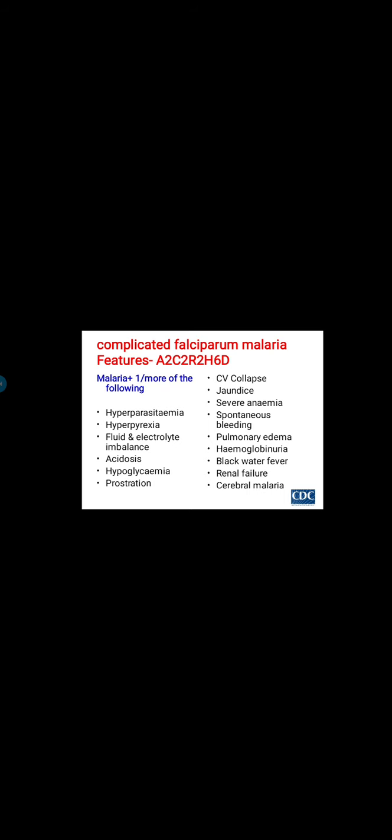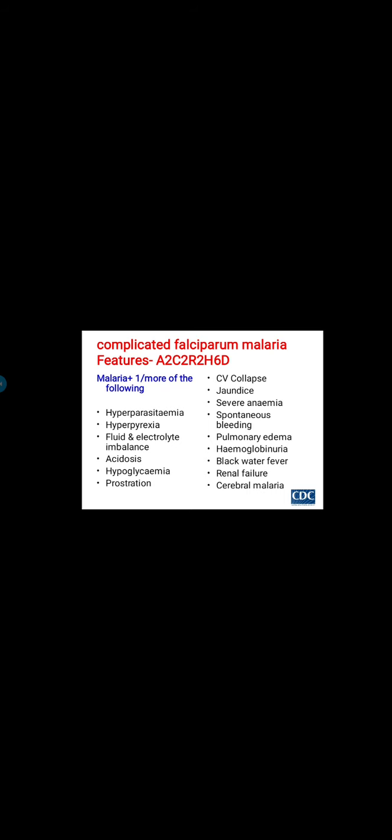For ease of remembering, I have mentioned malaria plus one or more of the following: A2, C2, R2, H6, D. A2 stands for anemia, hemoglobin less than 7 gram %, and acidosis.